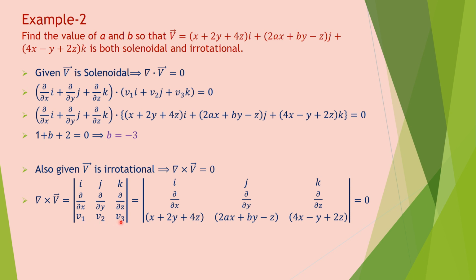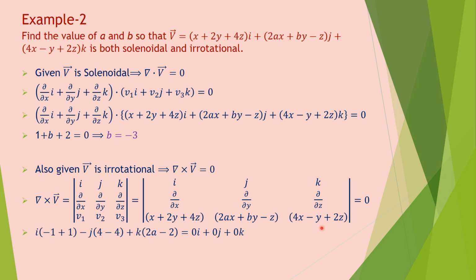Let me substitute the values of v1, v2, v3. v1 is x plus 2y plus 4z, v2 is 2ax plus by minus z, v3 is 4x minus y plus 2z. Since it is given as irrotational, we equate to 0. Now expanding this determinant, i into ∂/∂y of 4x minus y plus 2z.